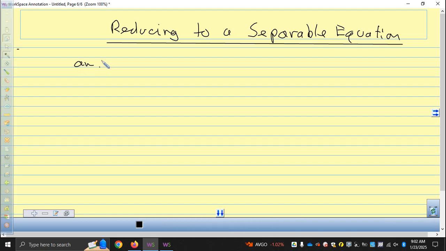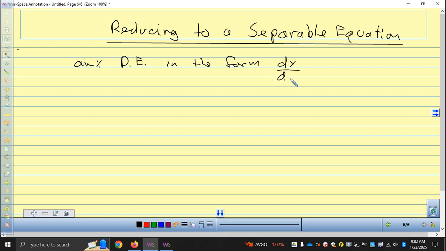Any differential equation in the form dy/dx equals f of ax plus by plus c, some linear function of x and y. So the derivative of y with respect to x is some function of linear functions of x and y.